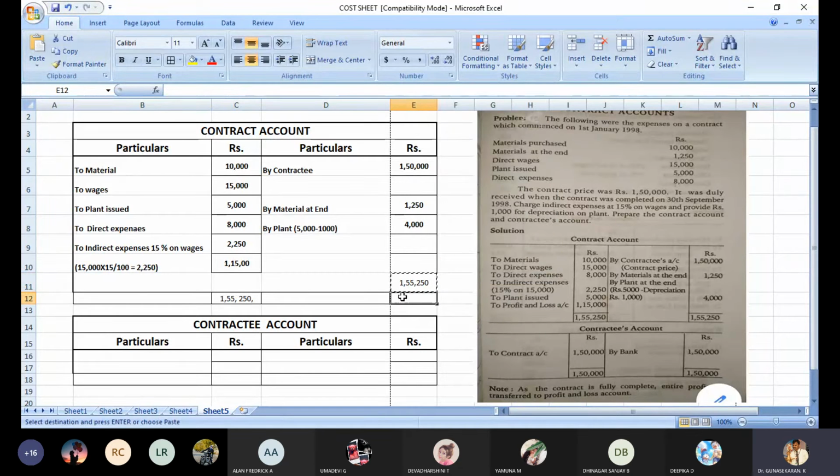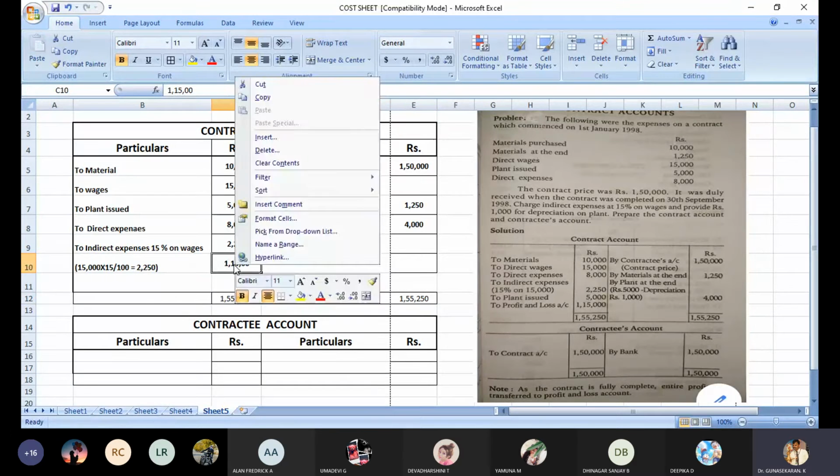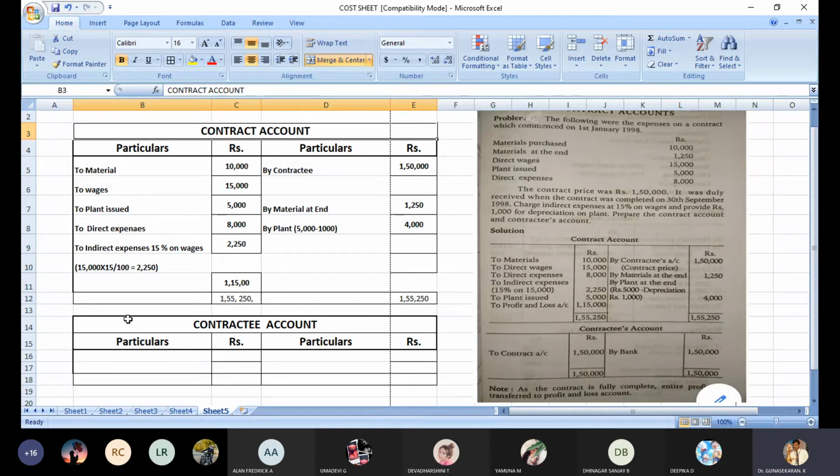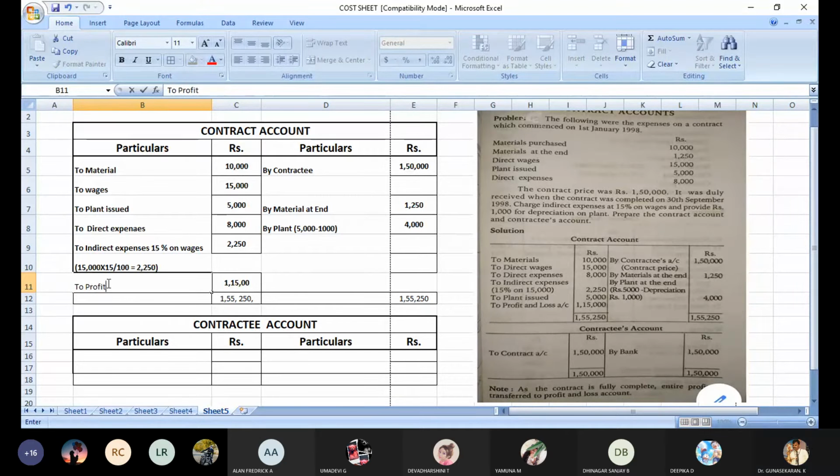How much profit? 1,15,000 profit, because the credit side is higher than the debit side. That's why it is 'To profit'. How much profit? This is 1,15,000.